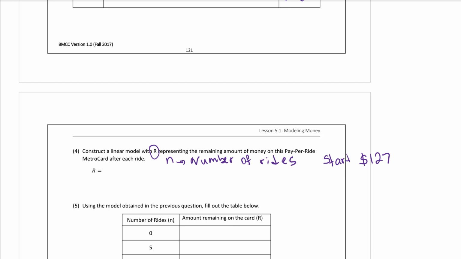All right, so the remaining balance is the starting value, and then every time you swipe, you lose 2.75. So 2.75 times N. If it's 5 rides, it's minus $13 something.